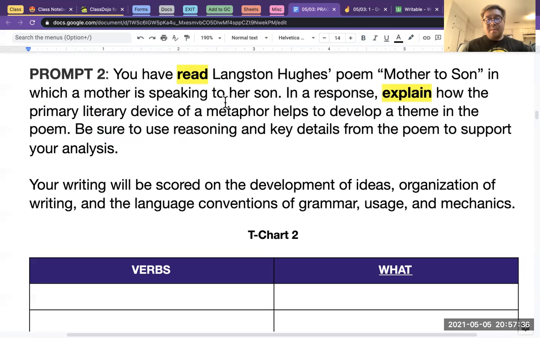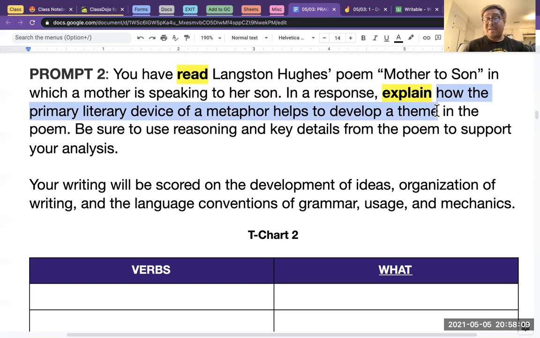Looking for verbs. I'm not going to circle develop. Okay, develop. It's not telling me to develop something. Develop here is actually part of this bit: how the primary literary device of a metaphor helps to develop a theme.